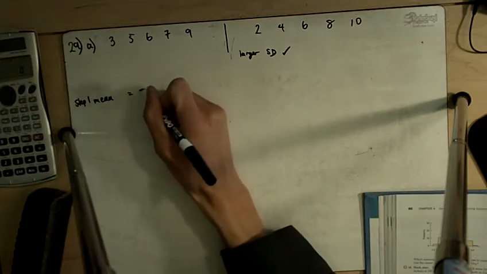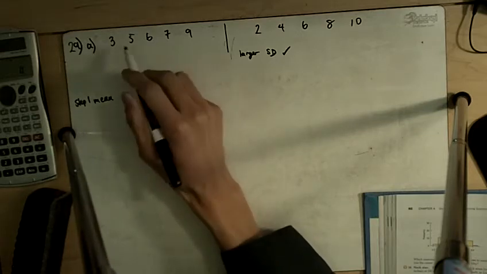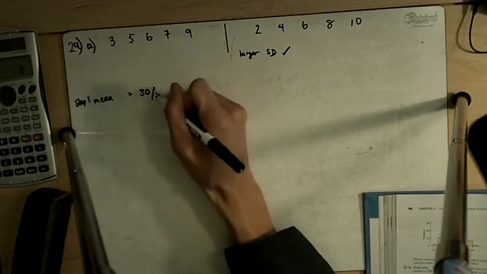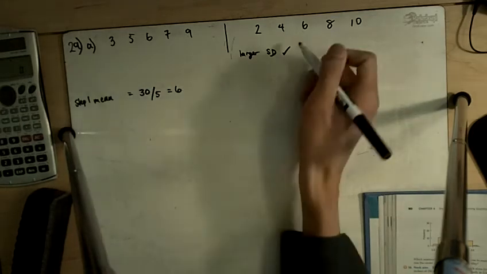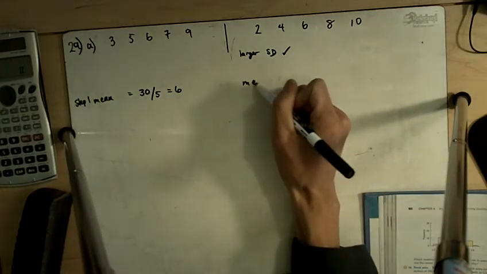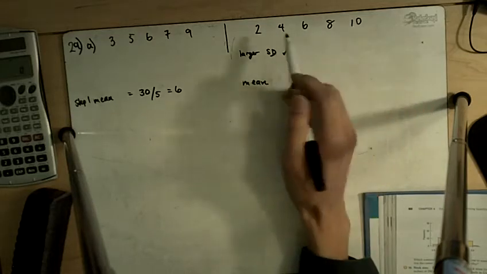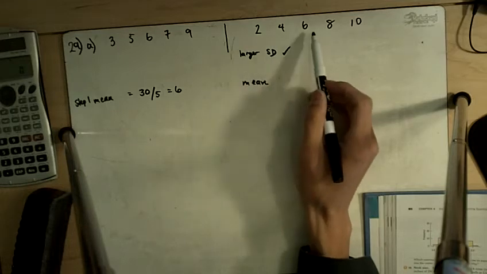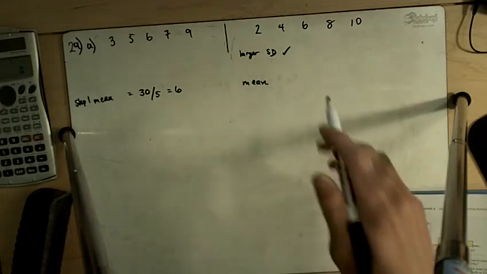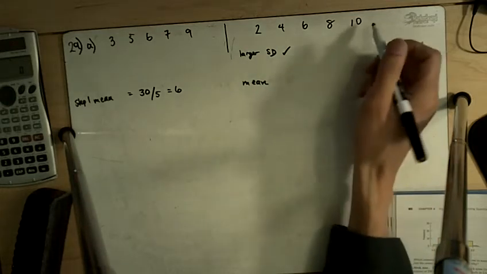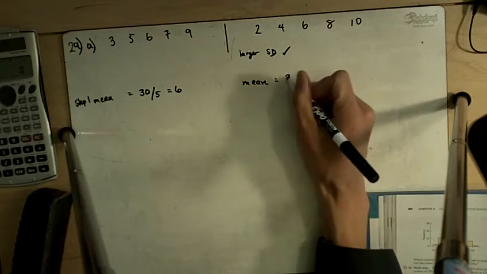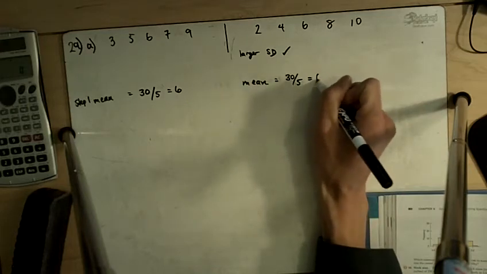So the mean is equal to 30 divided by 1, 2, 3, 4, 5. So the mean here is equal to 6. And over here, the mean is also going to be 30 over 5. We have 2 plus 4 is 6, 6 plus 6 is 12, 12 plus 8 is 20, 20 plus 10 is 30. So again, here the mean is 30 divided by 5 is equal to 6.